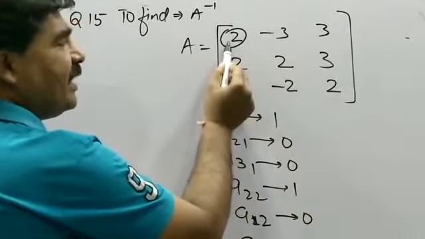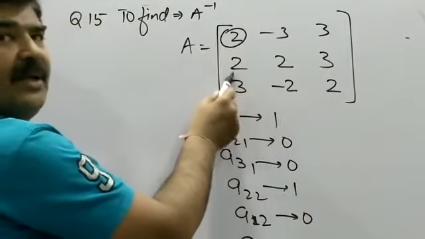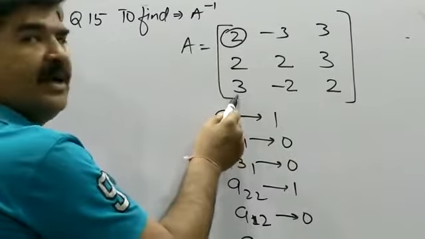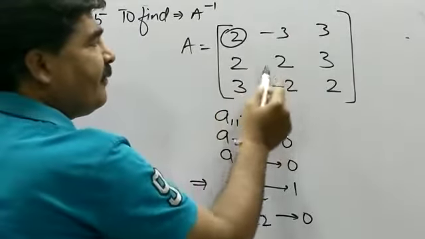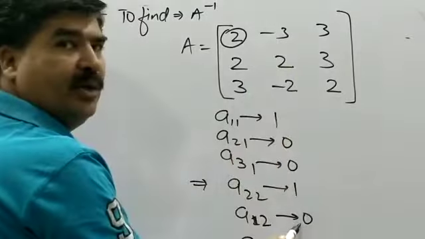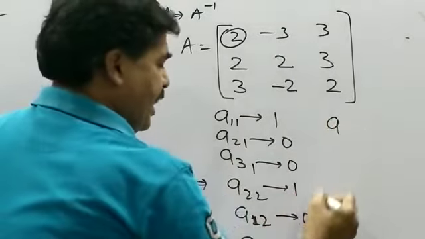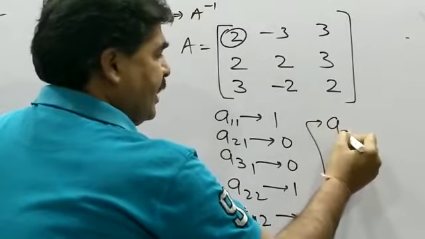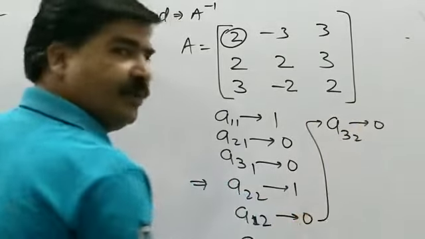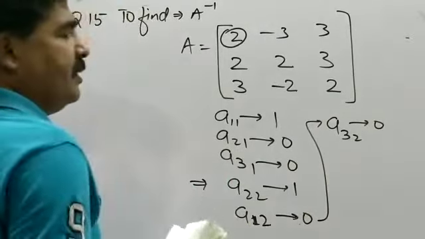First you convert this element as 1, then this element as 0, then this element as 0. Then in the second column, first this element as 1, then this element as 0, and this element A32 as 0. Clear?